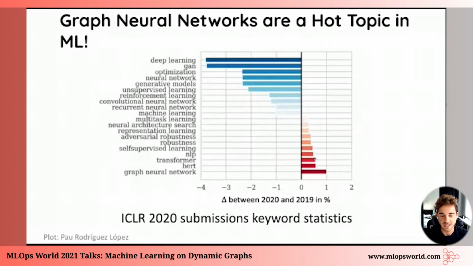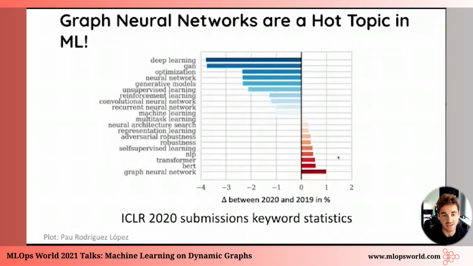Here we see that last year, graph neural network was the keyword that increased the most from the year before, even more than BERT and transformer, showing that graph neural networks are really picking up in the machine learning community to become one of the first citizens alongside computer vision, NLP, and transformers. A lot of people are working on this field right now.